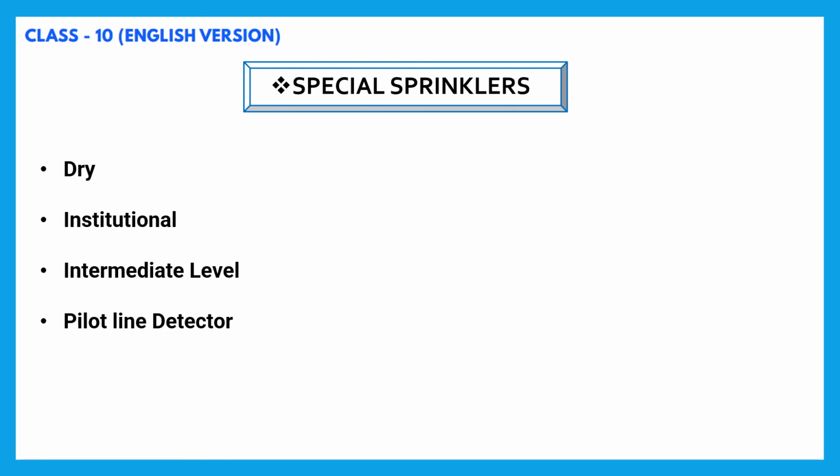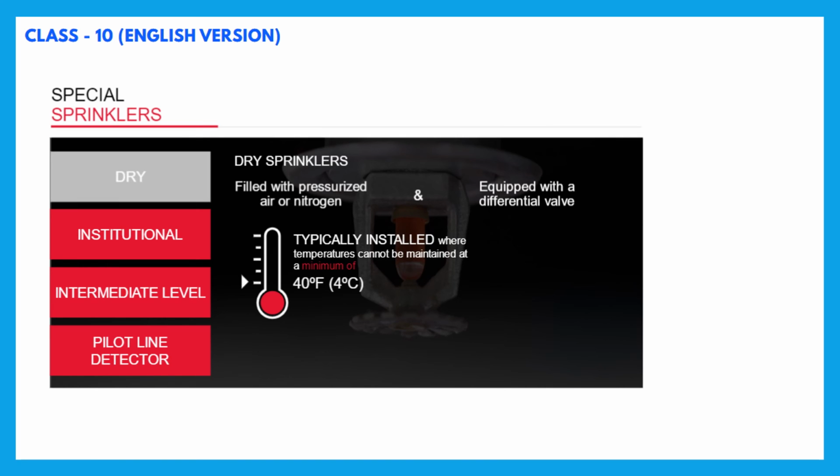Basically, these sprinklers are used in special conditions as per the project requirements. Have a look at dry sprinklers. Dry sprinklers are filled with pressurized air or nitrogen and equipped with a differential valve. These are typically installed where temperatures cannot be maintained at a minimum of 4 degrees centigrade.